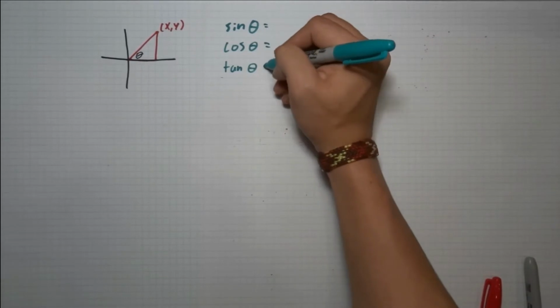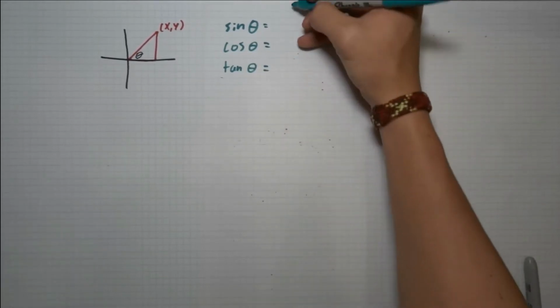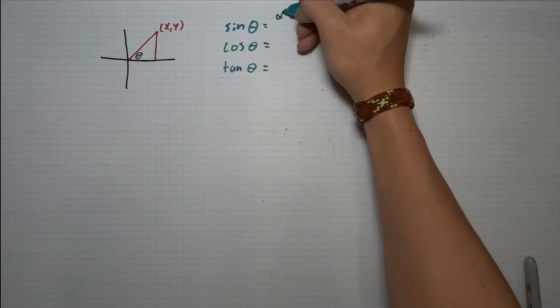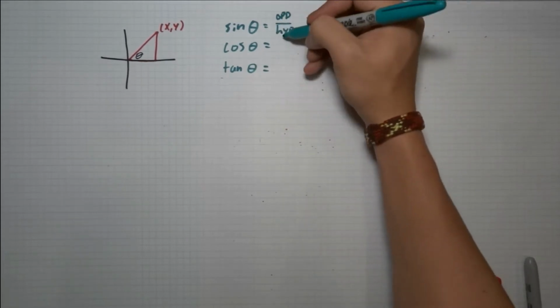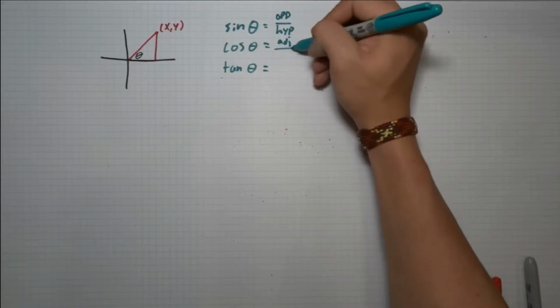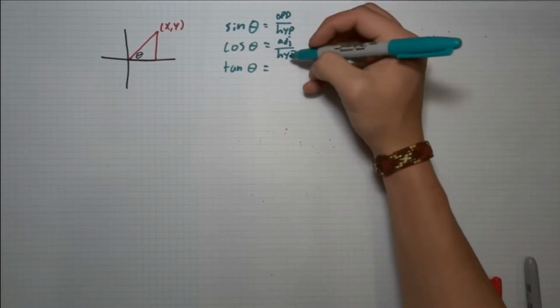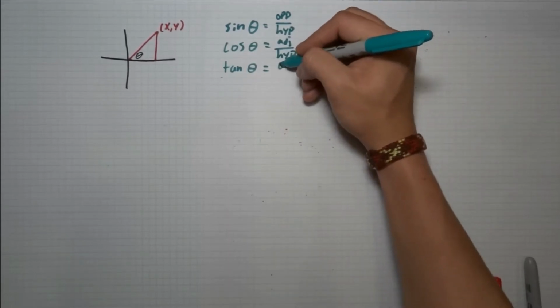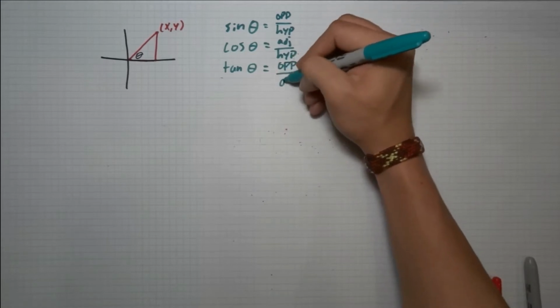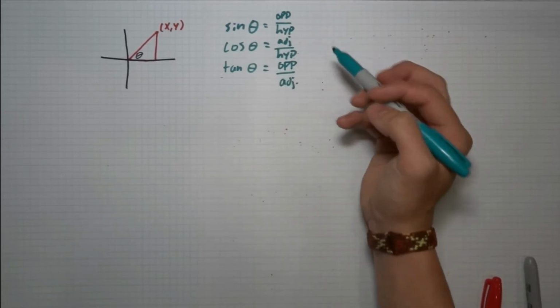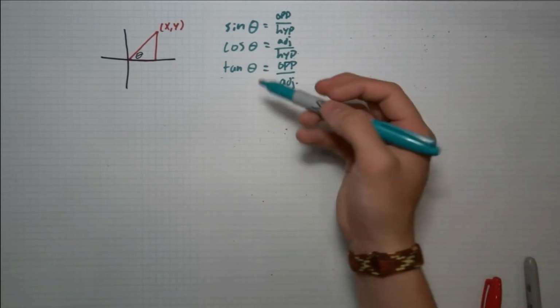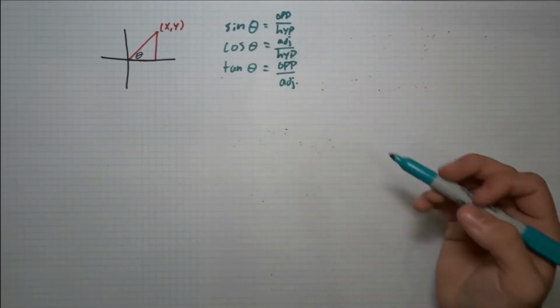Sine is going to be the opposite over the hypotenuse, I'm going to abbreviate. Cosine is going to be the adjacent over the hypotenuse, and tangent is going to be opposite over adjacent. And this is your SOHCAHTOA. These are the generic forms of your three trig ratios.